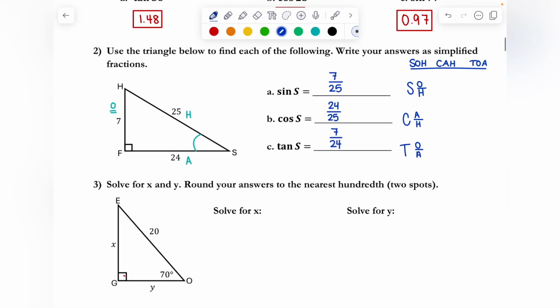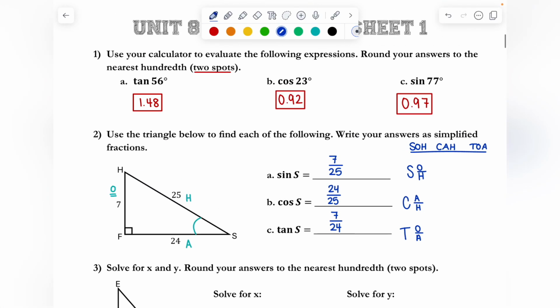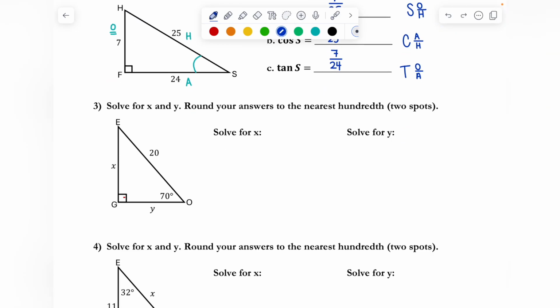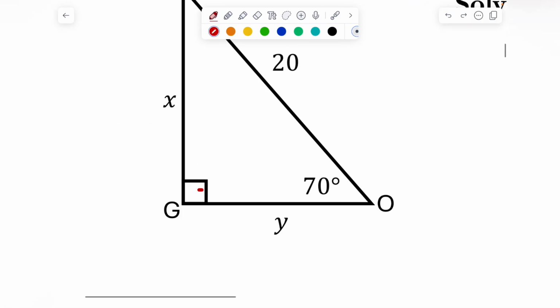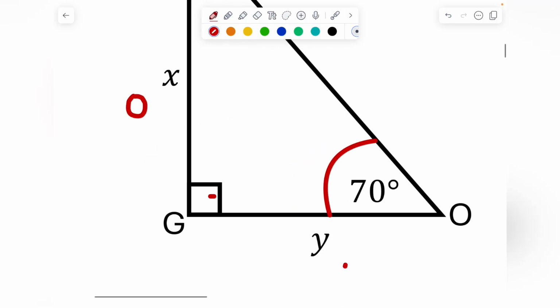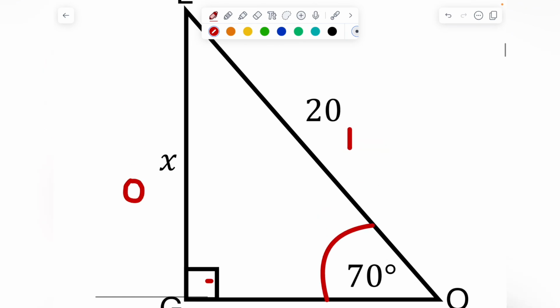And then finally, we use the two ideas of typing into my calculator and these ratios to solve for sides of triangles. So in this first triangle, it says solve for x. All right, cool. So here's my angle, 70 degrees. From this angle, the opposite side is x, the adjacent side is y, and the hypotenuse is 20.